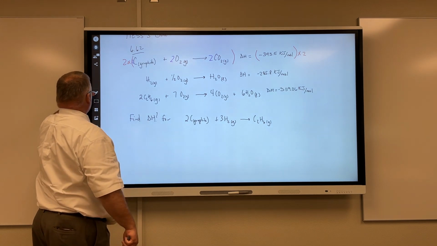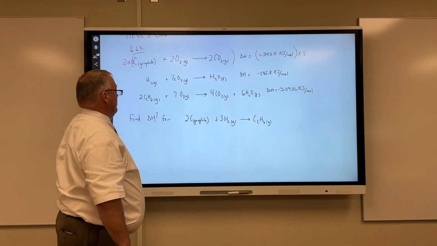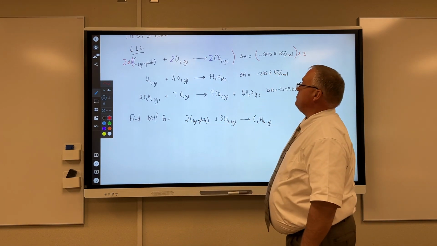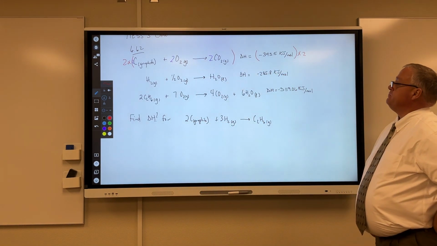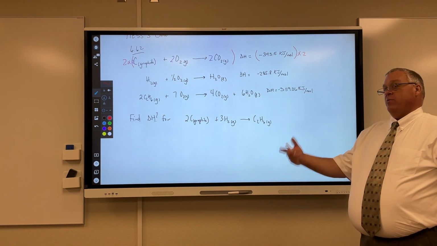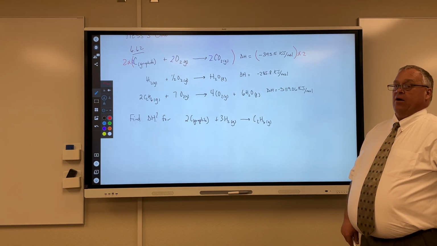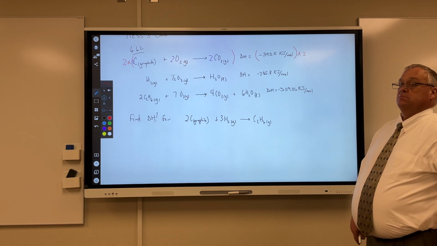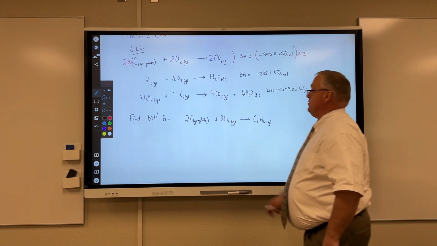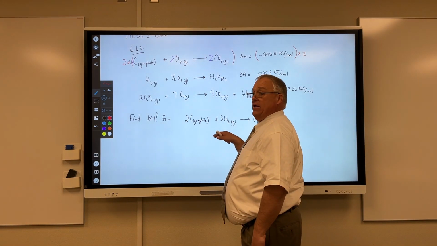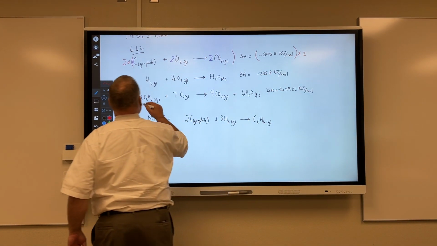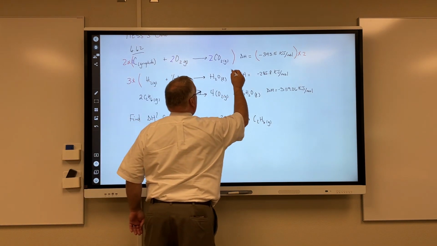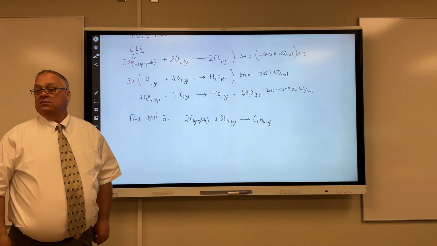Now, what else do we need? We need 3 H2s. Do we have a reaction that has H2? Yes. What side of the arrow is it on? Is it on the reactant side or the product side? Reactant side. So it's on the side that we need. So for it, we would need to multiply everything times 3 because what we do to one, we have to do to everything, right?